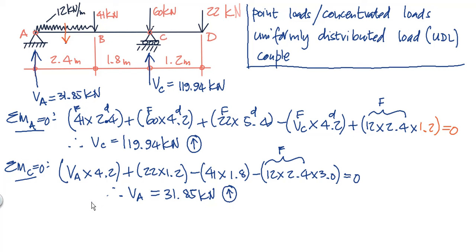I'm going to check by summing verticals. I'm going to say the sum of the forces in the vertical plane is equal to 0. So VA is 31.85 plus VC, which is 119.94, minus 41, minus 60, minus 22, and you can't say minus 12 for the UDL, because it weighs so much per meter and it's that long, so therefore it's minus 12 times 2.4.